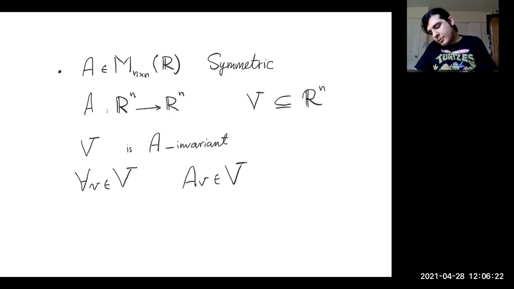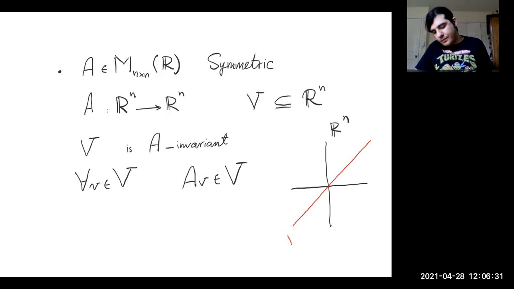Now, we have Rn, let's say this is Rn, and then we have some subspace V, say this is V. We have an inner product on Rn, right? So we can define the subspace which is normal to V. Let's show it with this notation, V perp.